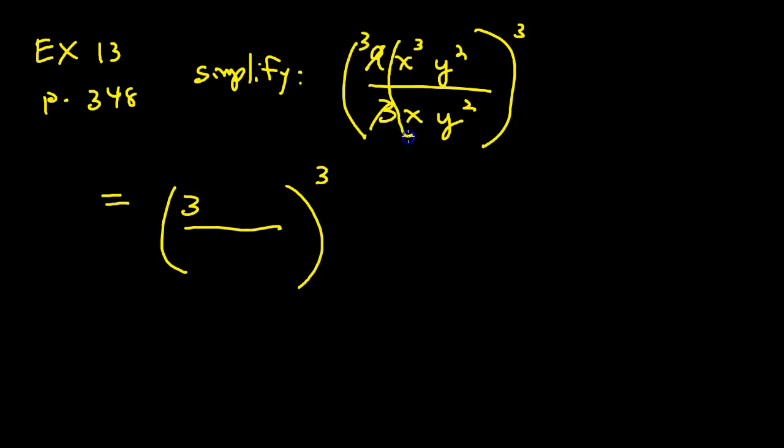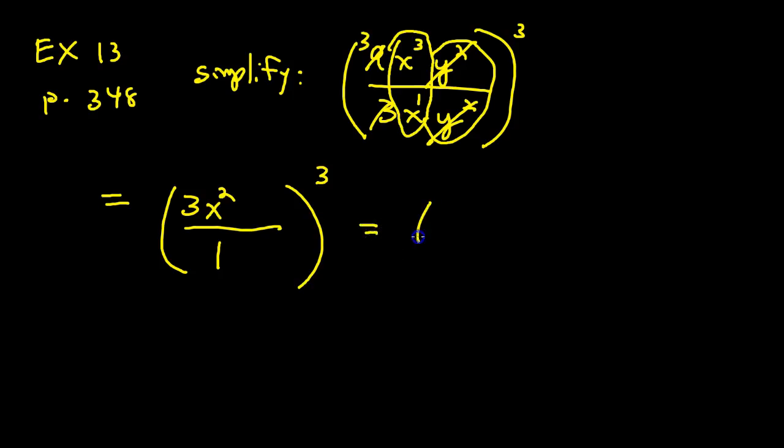Similarly, x cubed over x, one factor of x in the denominator will cancel out all but 2 factors of x in the numerator, so I'll have an x squared left in the numerator, and of course y squared over y squared, well, that's just y to the 0th power, or just 1. All right, so I'll have a denominator equivalent of 1.